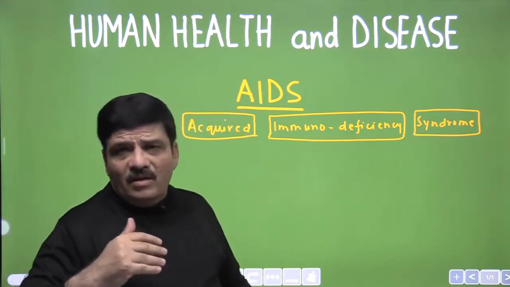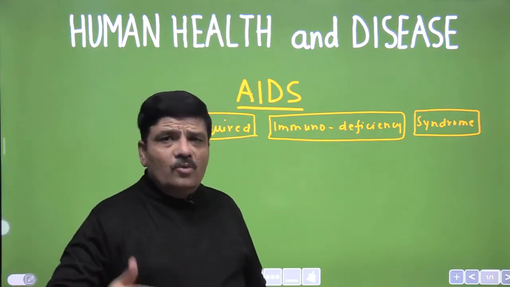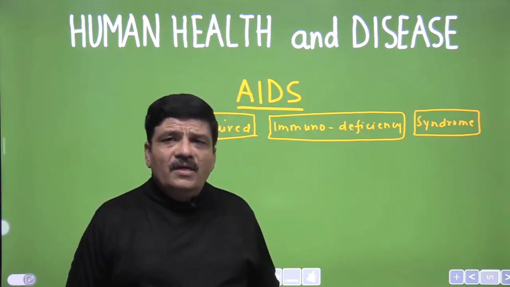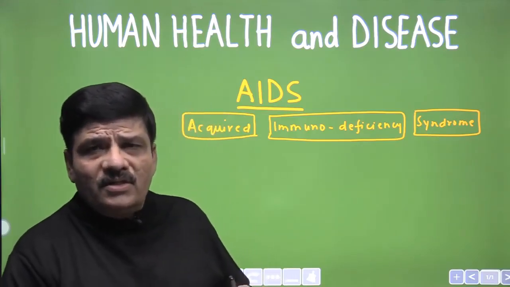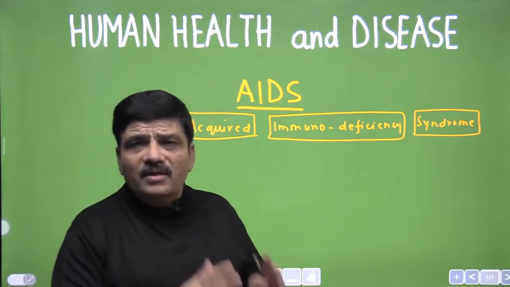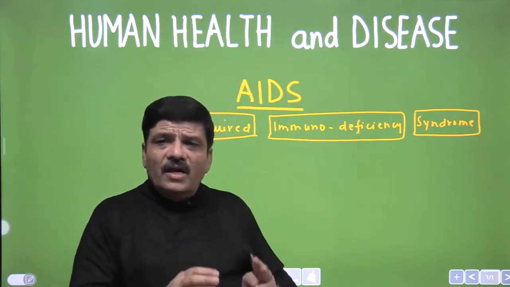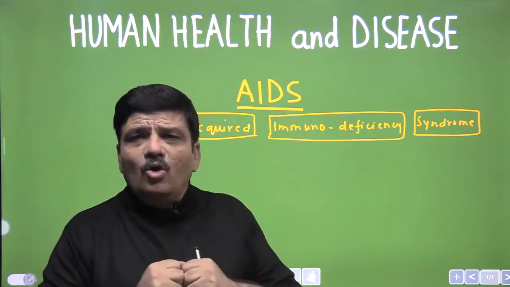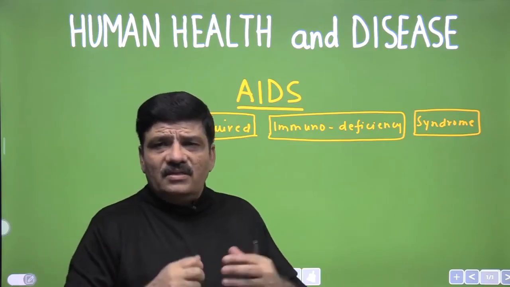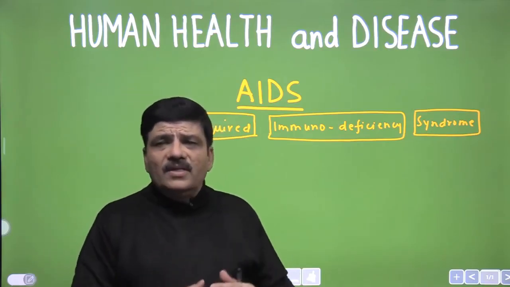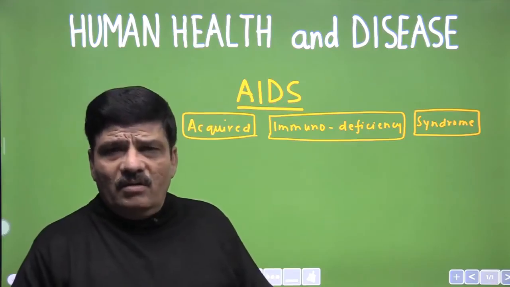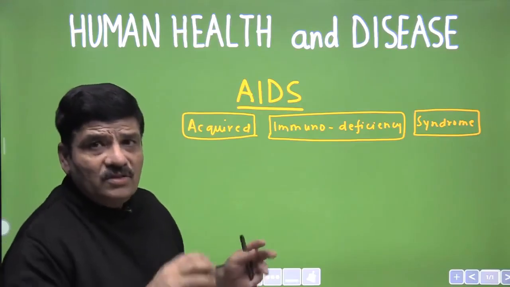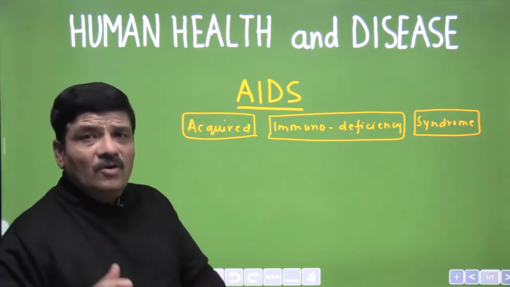In another 40 years or so, if we are talking about 2020, 2021, a lot of research has gone into understanding the various aspects of AIDS, and still though there is no cure, this is now basically a chronic type of disease, and if the person takes the medicines meticulously, then they are expected to live a nearly normal lifespan, and that too in a healthy manner. This is what has happened with the development of science.